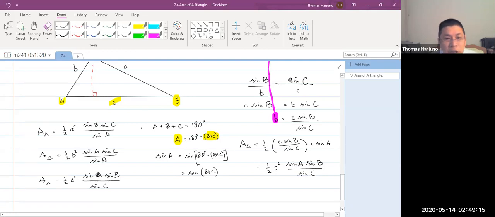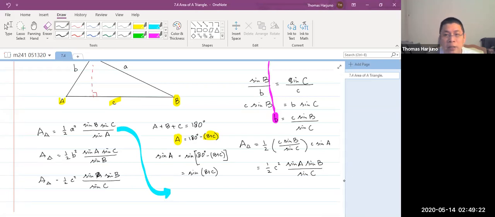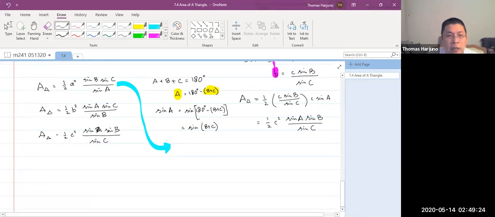Such that we can now update this formula. I can say that the area of a triangle equals 1/2 A squared times sine B sine C over sine of the sum. Of course, we still can use the other one, don't get me wrong.